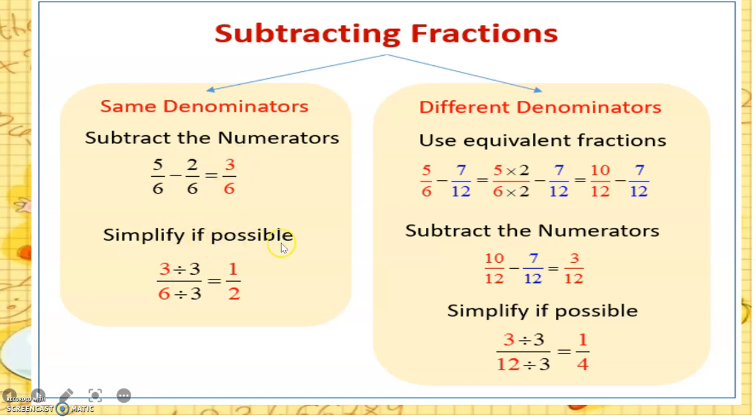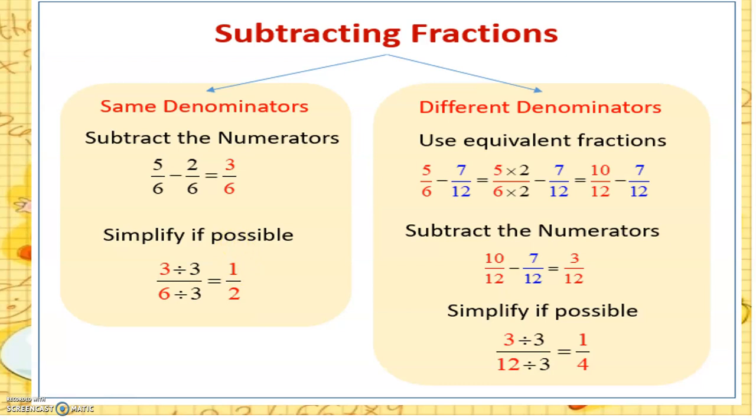Simplify if possible. You divide by 3. 3 divided by 3 equals 1, 6 divided by 3 equals 2. That's why the final answer is 1/2.